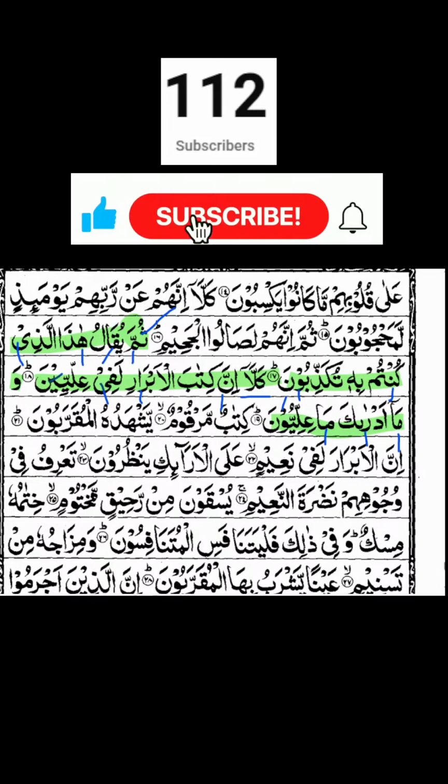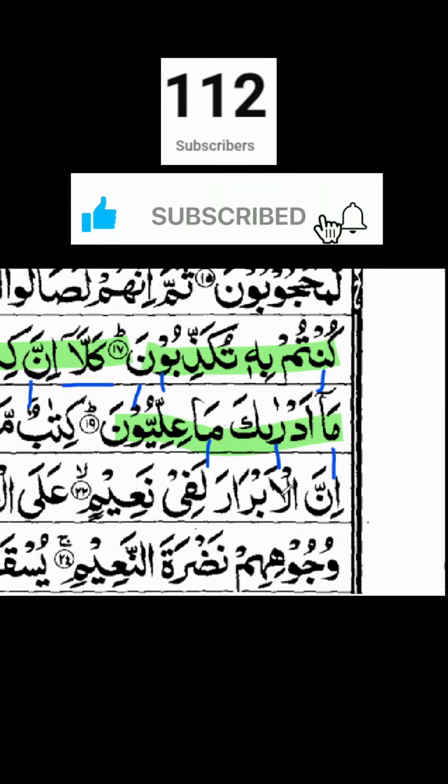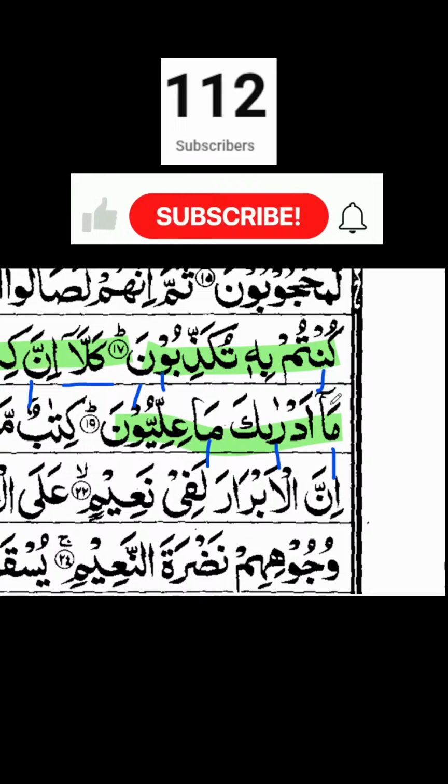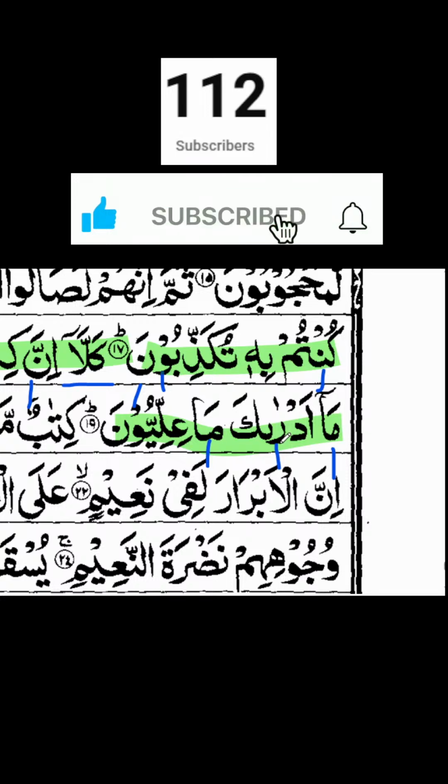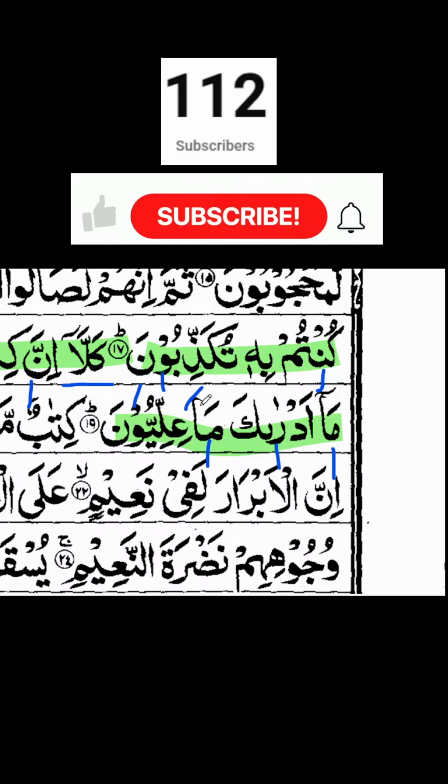So this is the reason that we are going to stretch this one, and minimum every mad will be stretched equal to 3 or 4 alif. So wama adraka, ra has vertical zabar, so that's why we will stretch this one. Adraka ma illiyun. And this alif also is alif madda, so that's why we will stretch this one.